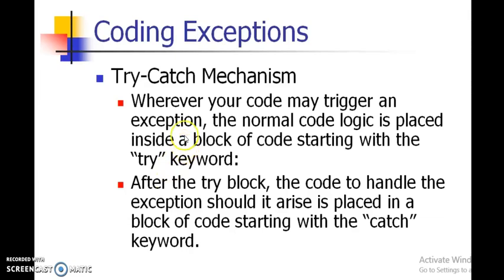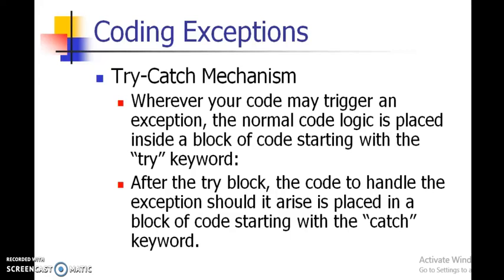That means any code that may raise an exception, include in the block starting with the try keyword. Once the try block is written, we also have to write the code to handle the exception if it is raised. This is achieved by using a catch block, which starts with the catch keyword.